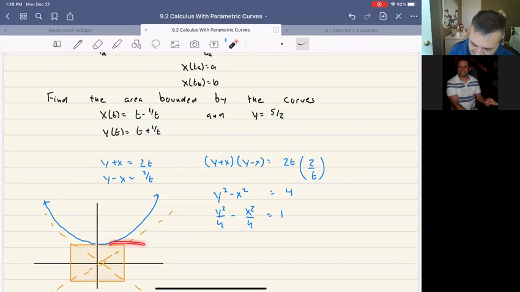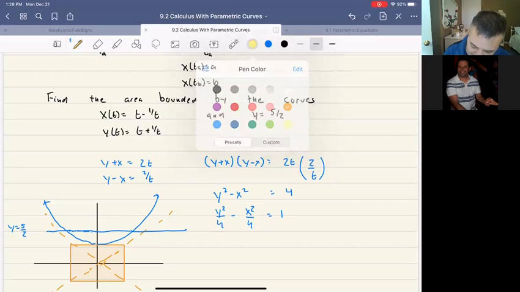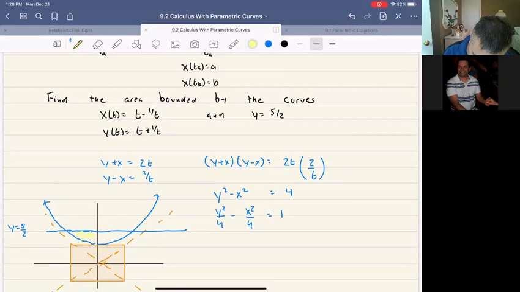This is a hyperbola with a fundamental box of size 2 in each direction. So this line here is y equals 5 halves. What we're looking for is this area here.